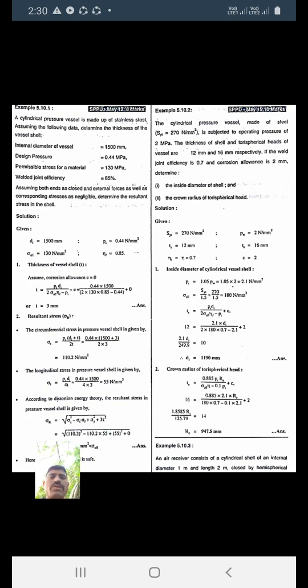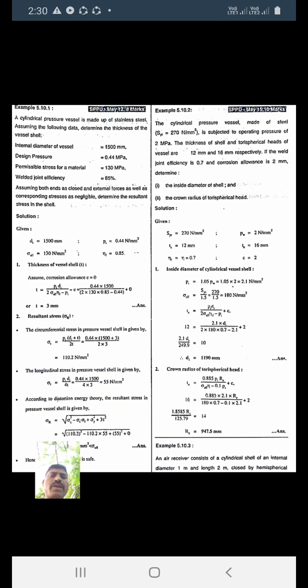Sigma all is equal to, you know how to calculate sigma all. Before that also we have seen, right? Sigma all is equal to SYT, the yield tensile strength given, divided by the factor of safety. Factor of safety is 1.5 for the given material. Then you will get sigma all equal to 180 Newton per mm square.